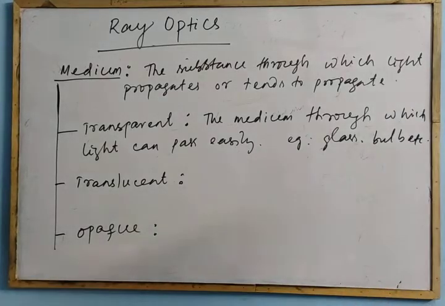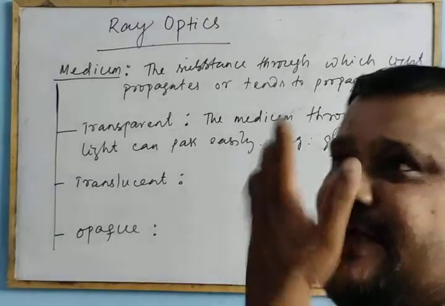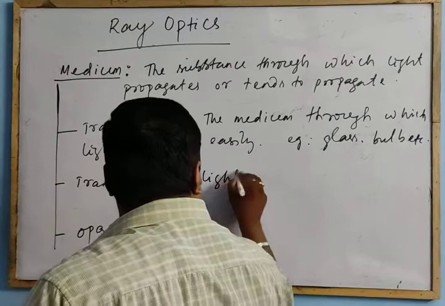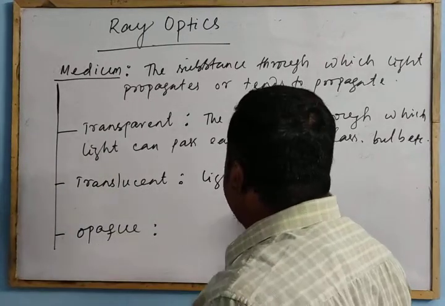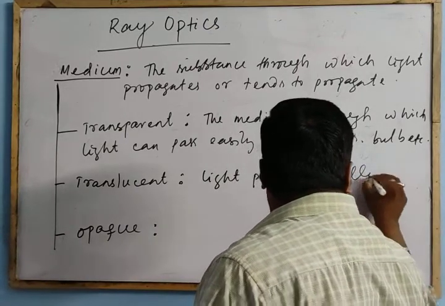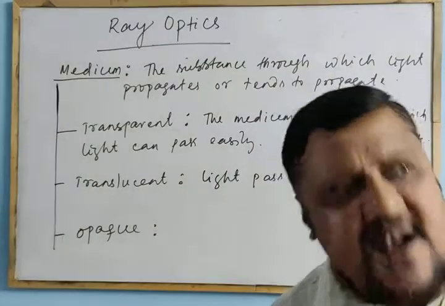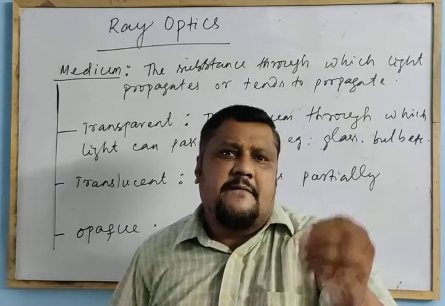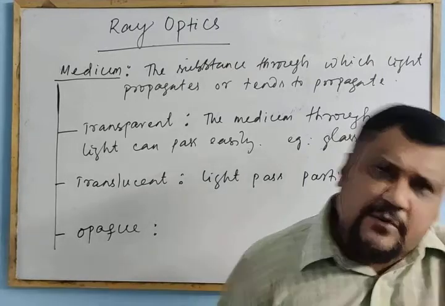Translucent: the medium through which light passes partially. The light passes partially means the total light cannot pass through the medium. Some light passes through the medium, and the rest undergoes other phenomena we will discuss.